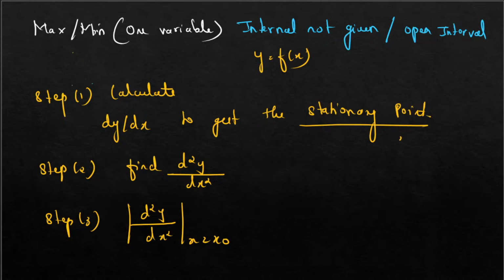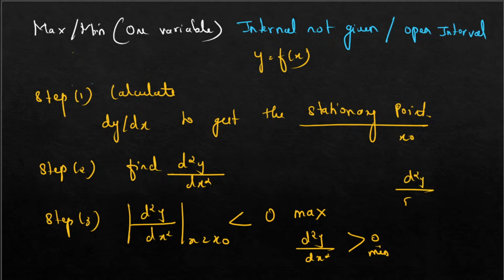If it is less than 0, then it is a maximum. If d square y by dx square is greater than 0, then it is a minimum. And if d square y by dx square is 0, then it is a point of inflection. Note this, everyone.